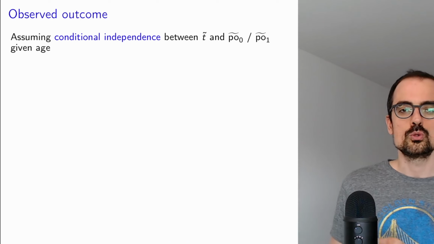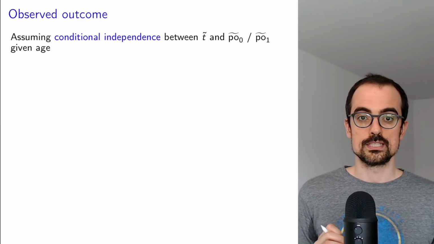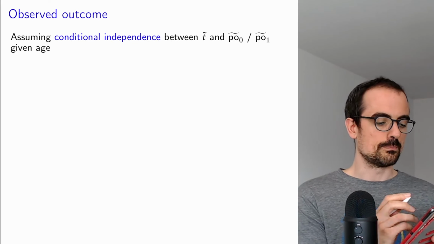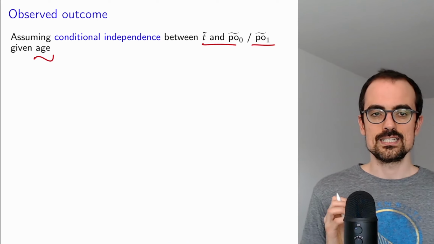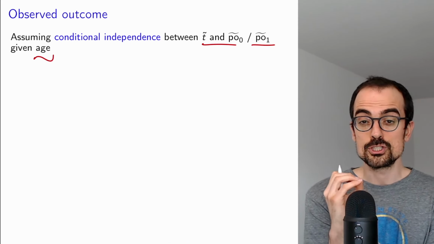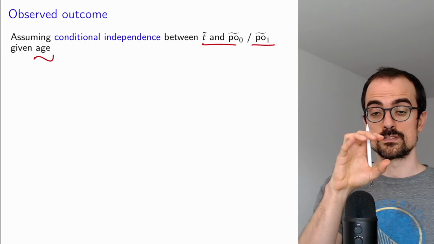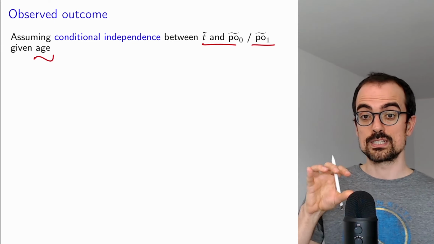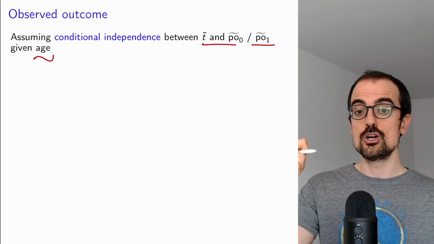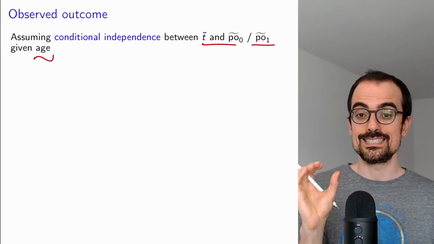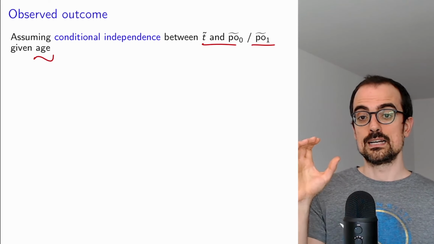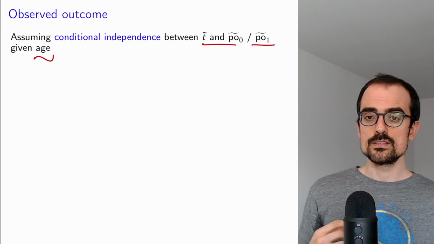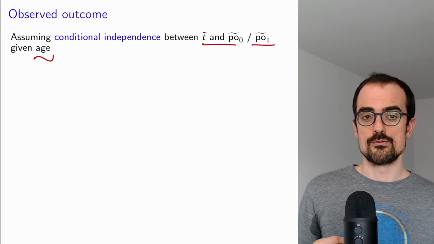So now we're going to assume conditional independence between the treatment and the potential outcomes given age. This is very important. This assumption means that if we restrict ourselves to young people and if we restrict ourselves to old people, there are no additional confounding factors. We're actually seeing representative samples of the population of the young people and the old people. There's nothing else that affects whether they receive treatment or not.